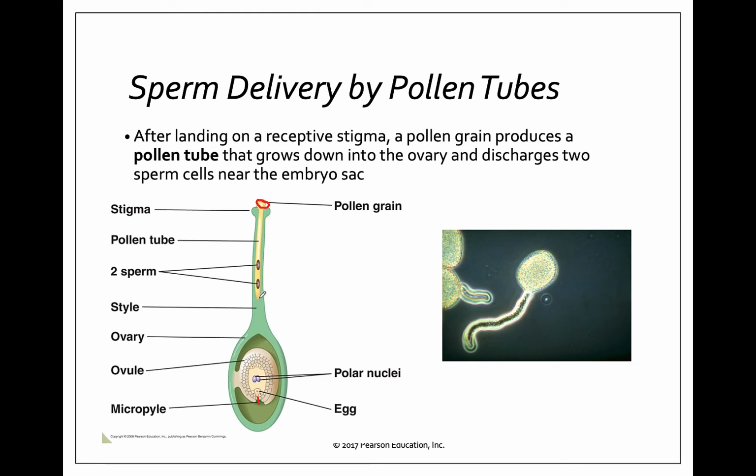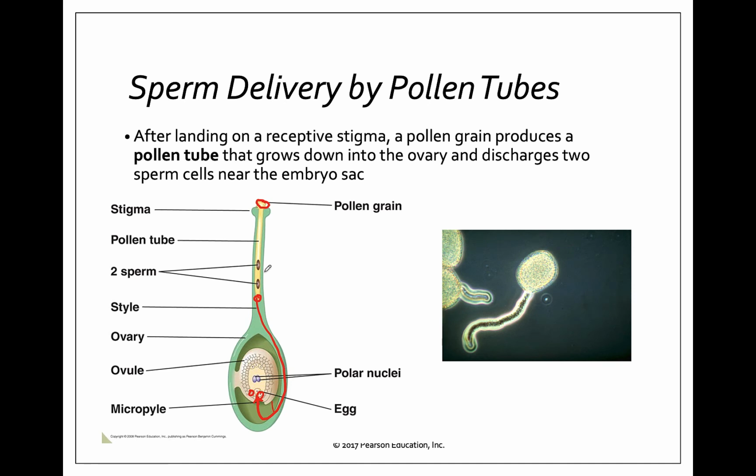That tube cell is going to swell up, and it's going to navigate its way through the style all the way down to eventually the micropyle. And it's able to do that because the synergids, these cells down here, are secreting compounds that attract the pollen tube and say, hey, come here, we've got an egg waiting for you.